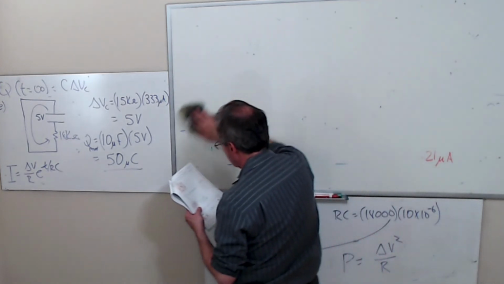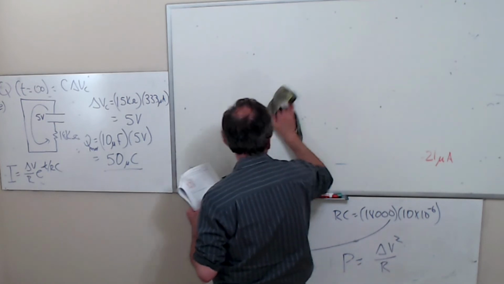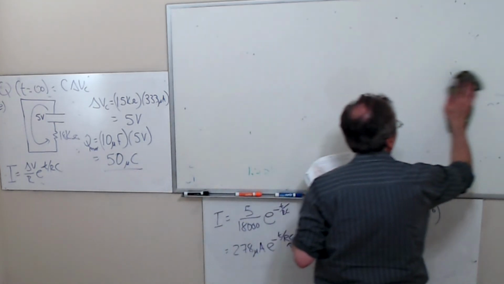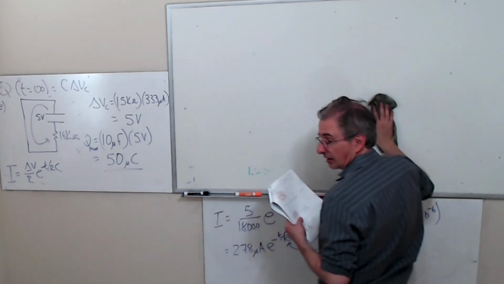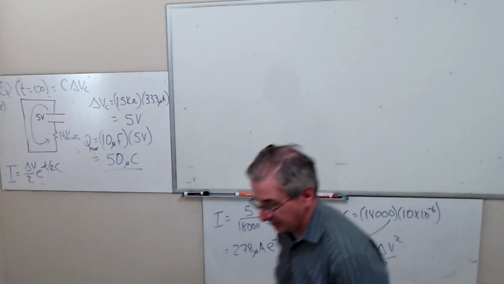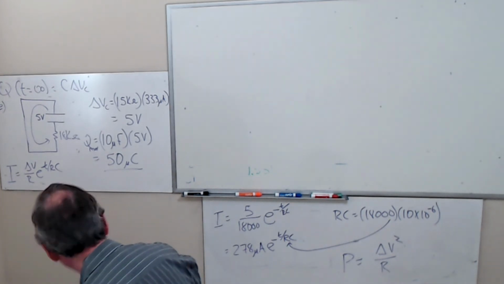So when you look at the 1 ohm and the 3 ohm resistor, how are they connected? They are in series. Okay, so they're in series.